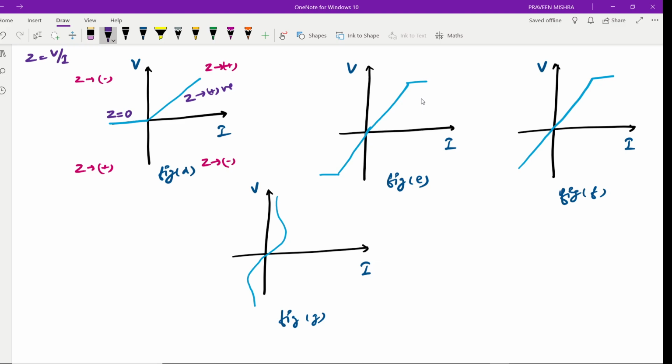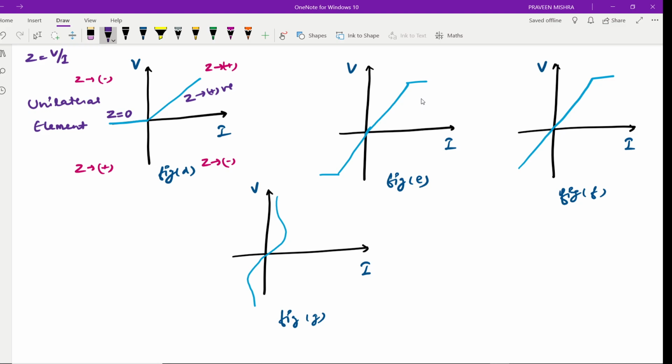That's why this will be a unilateral element. This will be the characteristic of a unilateral element.